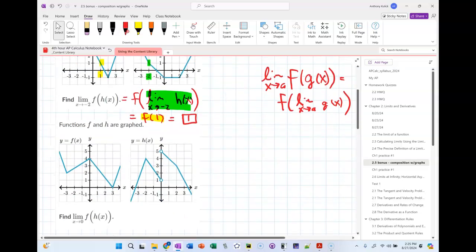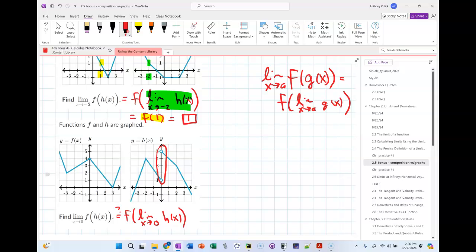Let's look at this one where we don't have continuity all the way, right? So if I say this, what do I do?